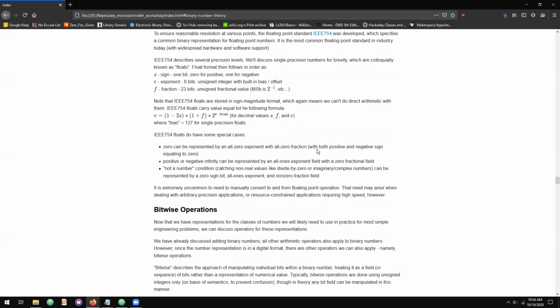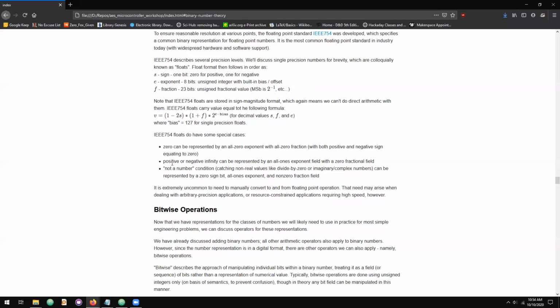It's because we're using sign magnitude format. So the exponent and fraction, if it's all 0, this equation kind of falls out, and your sign doesn't really matter in that case. So you can have technically a -0 and a +0, which doesn't make sense for a lot of engineering applications. And it's more of an artifact of the format.